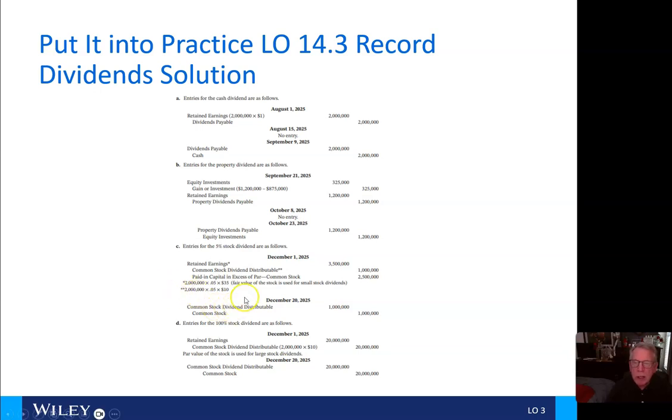That retained earnings of $3.5 million is $2 million times 5% times $35. And we use the fair value of the stock for small stock dividends once again. Then on December 20th, we will zero out the stock dividend distributable for $1 million and credit common stock.